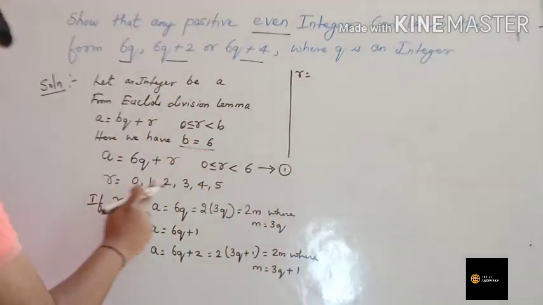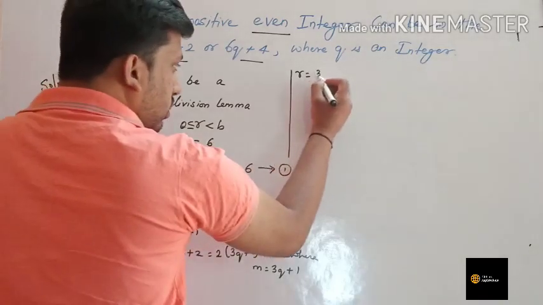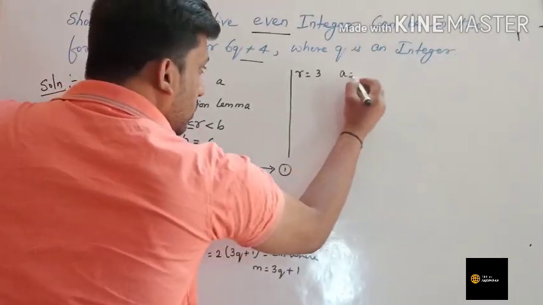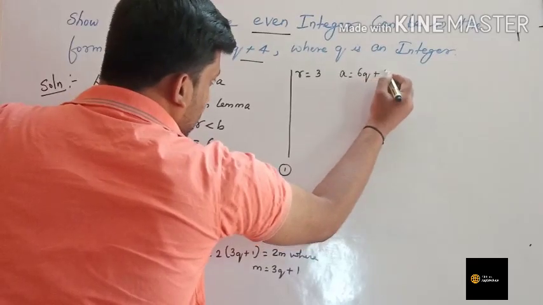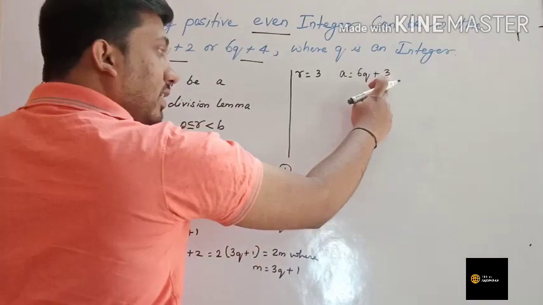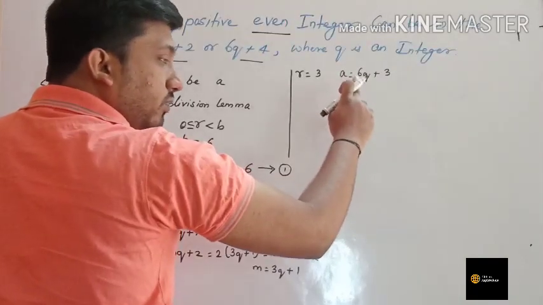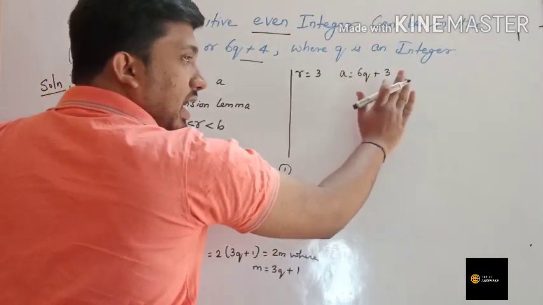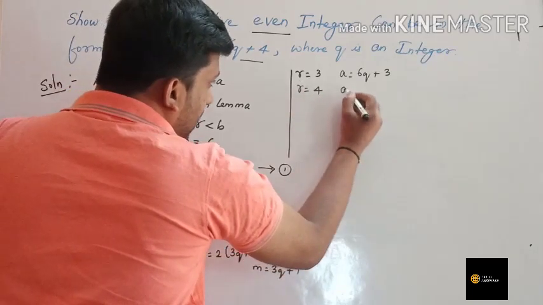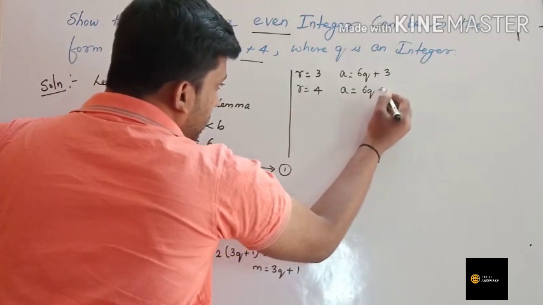If r is equal to 3 I am taking, so again I am going to substitute here, a is equal to 6q plus 3. I cannot take 2 common, I can take 3 common, but it becomes multiples of 3. So I will keep this as it is. So when r is equal to 4, a is equal to 6q plus 4.